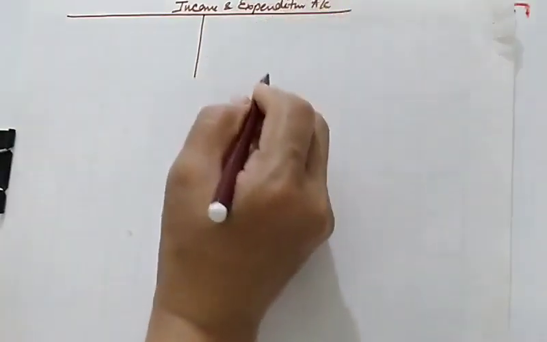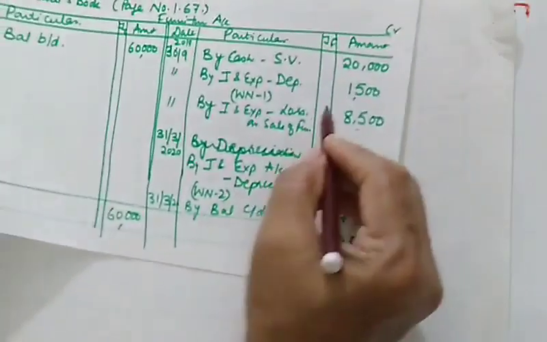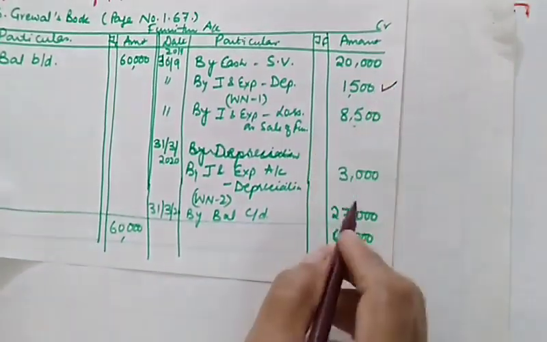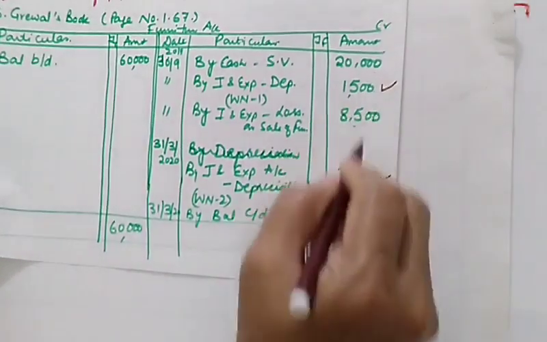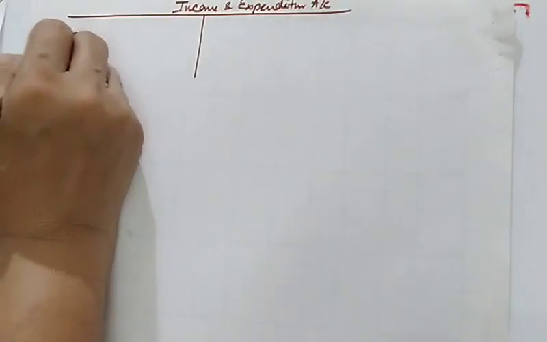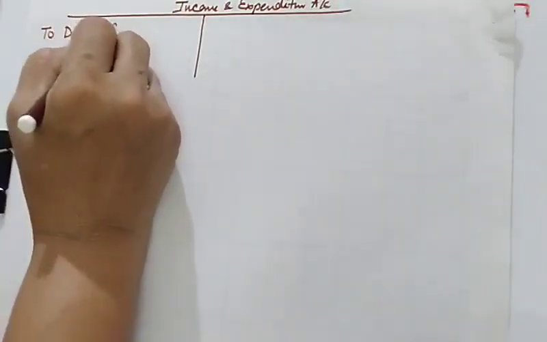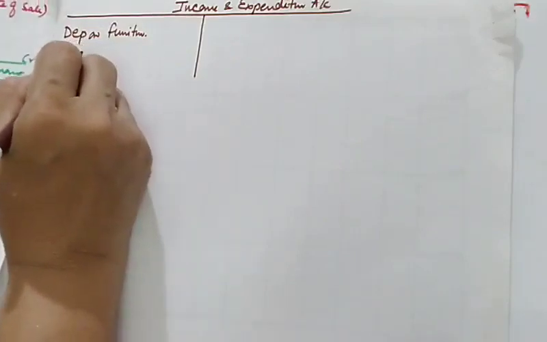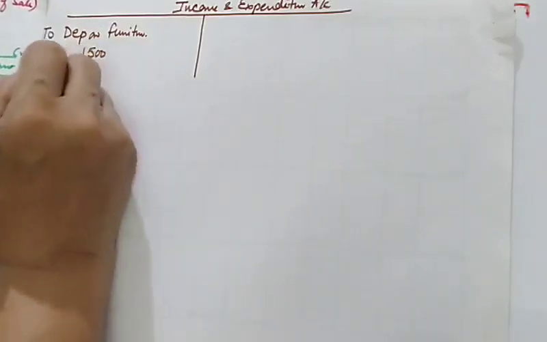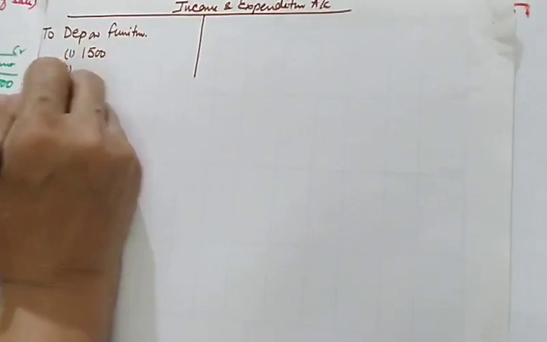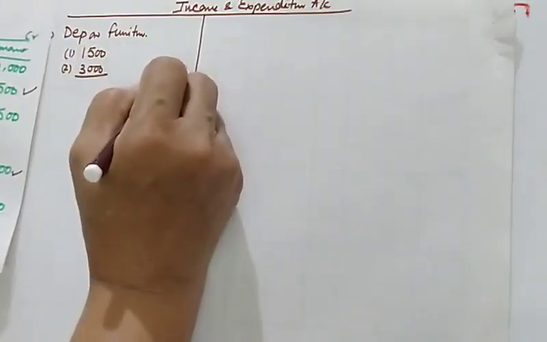In it, we will be showing these two depreciations. So we will be writing here, to depreciation on furniture. The first is 1,500 and the second is 3,000. So total depreciation is 4,500.